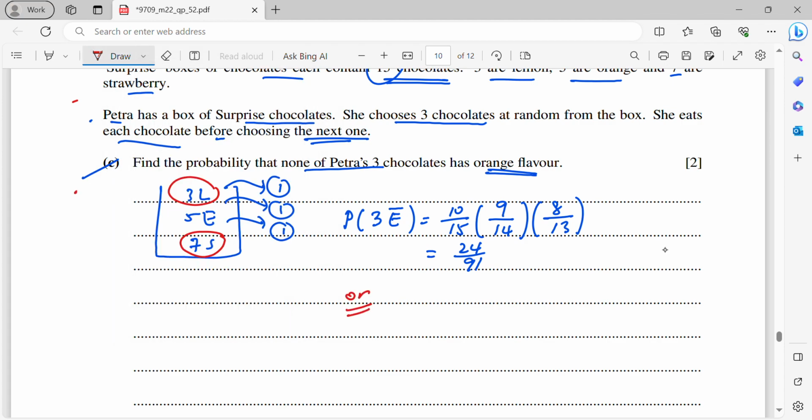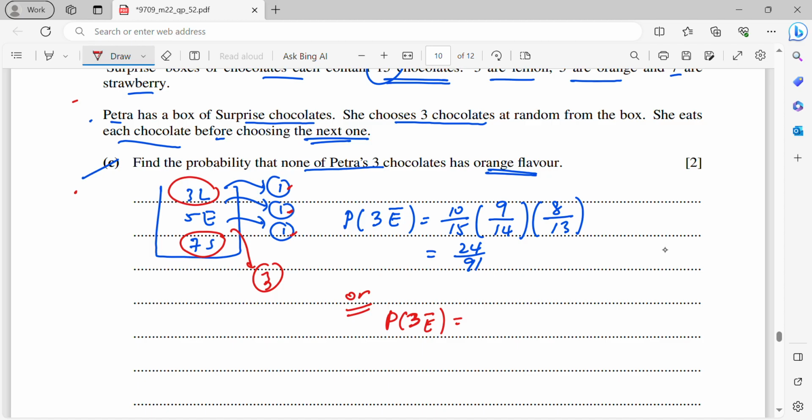I would say that this is same as, instead of taking one by one, it is same as you just take 3 at the same time. Okay, then make sure these 3, because we know that they are non-repeating, right? No repetition. So instead of taking one by one, I would say I just take all 3 together.